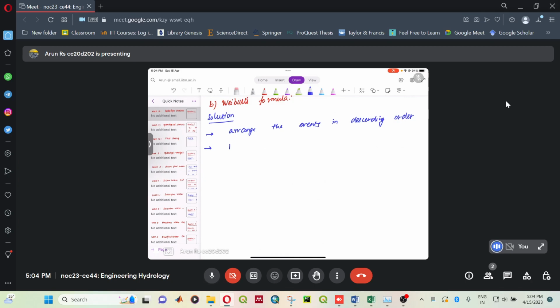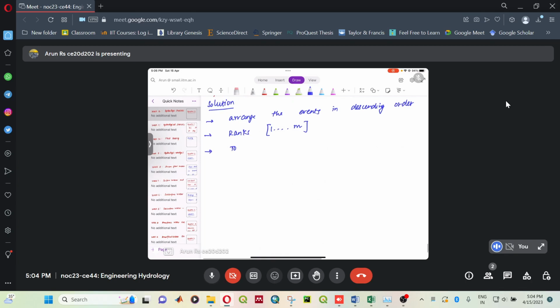Then we need to assign ranks for the events starting from 1 to m, and we need to find the total number of events, which is represented by capital N. After that, we can make use of the Weibull's formula and the Hazen's formula to find out the probability.